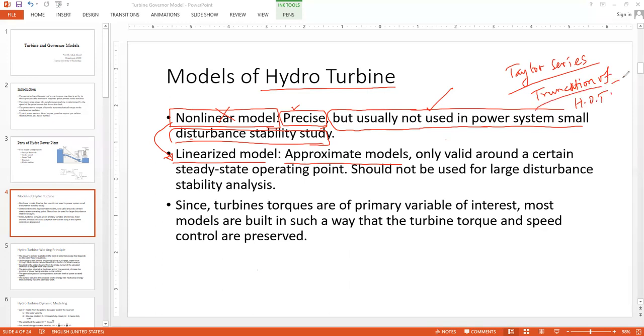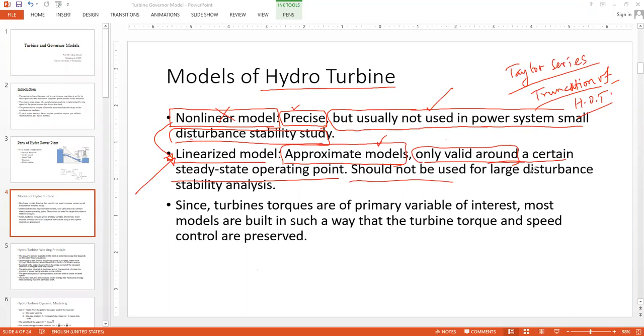Due to this truncation, the model became approximate, and thus this model is only valid for a certain steady state operating point and in the neighborhood of that point. Because it is approximate, it should not be used for any phenomena that needs the study of a large disturbance analysis.